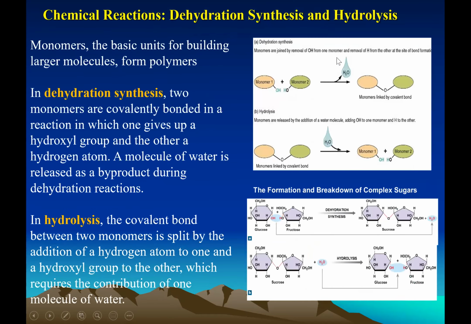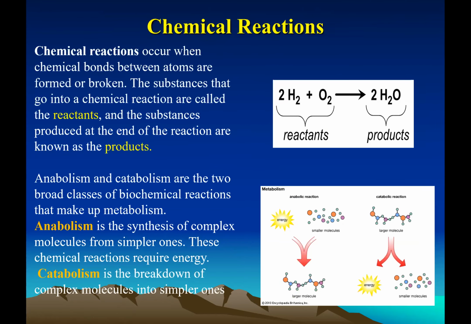Chemical reactions. So, you probably studied in basic chemistry, when we write a chemical equation, everything that's written on the left side is the reactant. So these reactants will come together. They'll either form bonds or break bonds in order to make the product.